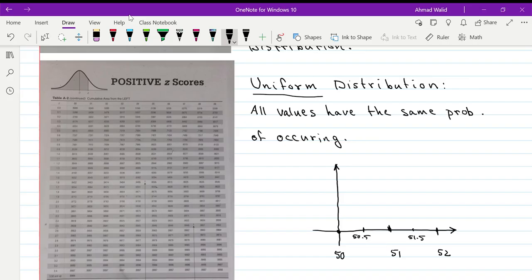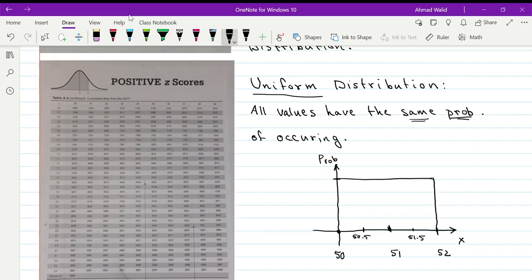Based on this definition, all values should have the same probability. It means if I draw this line, my vertical axis is the probability, my horizontal axis is my x values, correct?